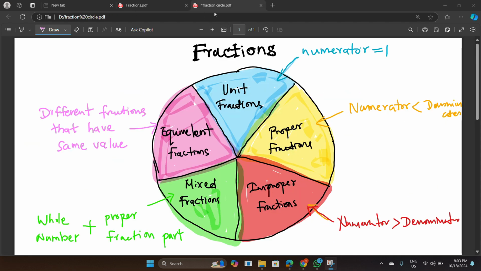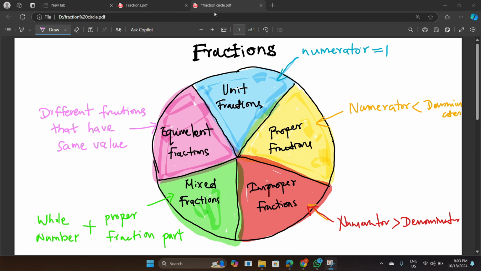Okay. And that brings us to the end of today's lesson on fractions. Let's quickly recap what we learned today. We learned 5 types of fractions: unit, proper, improper, mixed and equivalent fractions. Unit fractions are fractions where the numerator is always 1. We explored proper fractions where the numerator is smaller than the denominator, and improper fractions where the numerator is greater than the denominator.